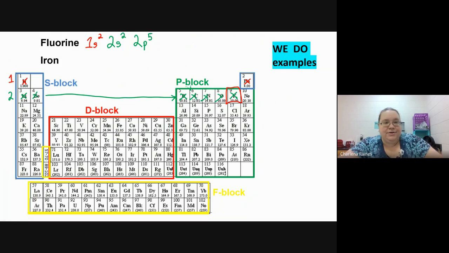All righty, iron. Iron is Fe, it is not I. I is iodine. Fe is iron, it has 26 electrons. So the configuration is going to start exactly the same as the previous one.